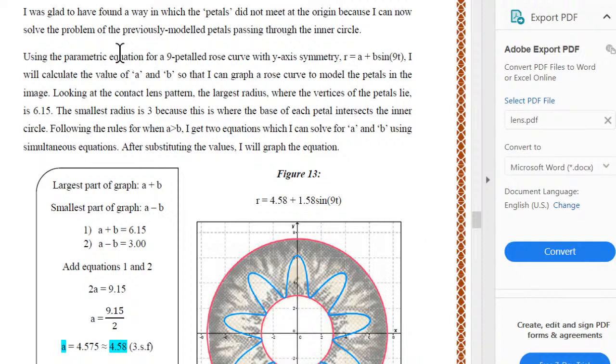Using the parametric equation, I will calculate these. Pattern. Okay, so looking at the pattern, the radius 6.15 minus 3. Okay, so this is review. Following the rule for A and B using simultaneous equations.